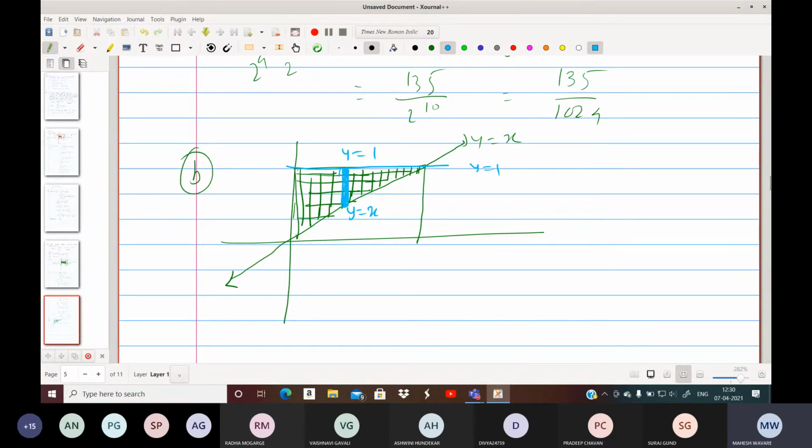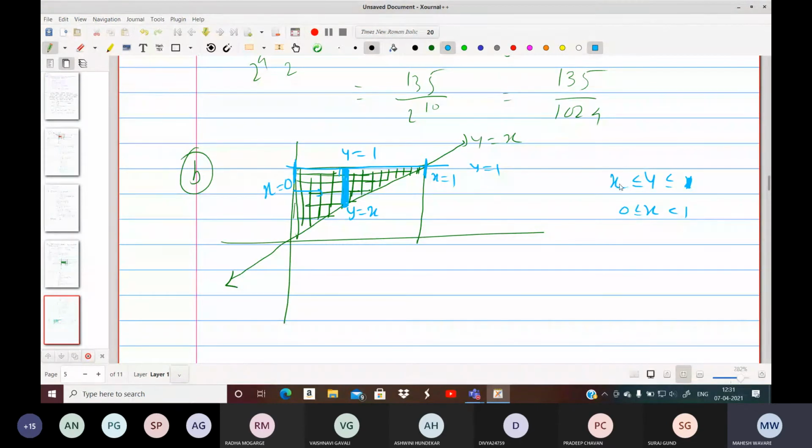Now throughout this region, how does this strip move? This strip moves from this point to this point. What is the value of this point? This point has x equal to 0. And this point has x equal to 1. So limits of y are x as lower limit and 1 as upper limit, and limits for x are 0 to 1.